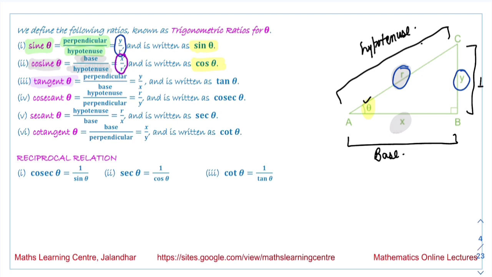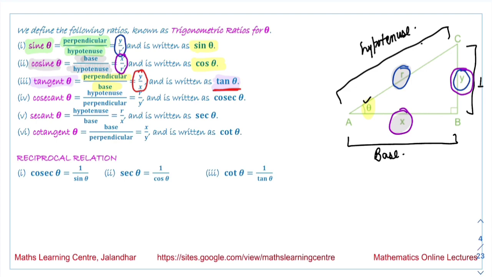These are the definitions that you have to remember. First is sine theta, second is cos theta, third is tangent theta. And tangent theta is perpendicular over base. The perpendicular is y and the base is x, so the formula for tangent theta is y over x, and in short form we write it as tan theta.